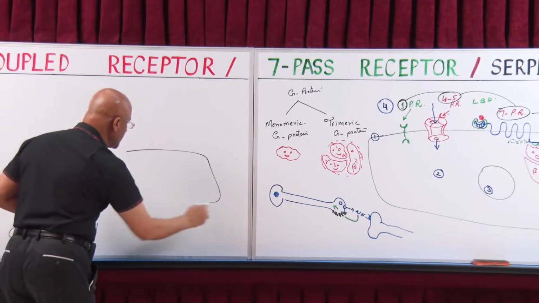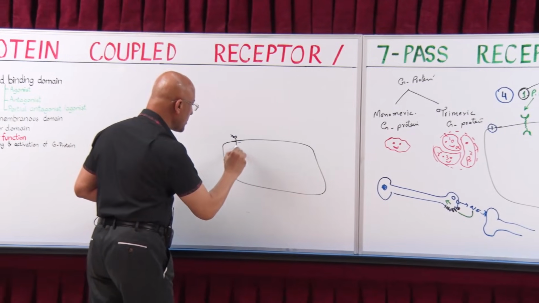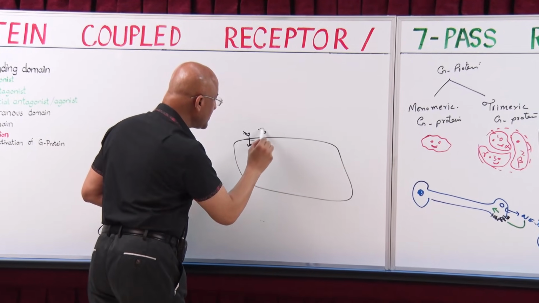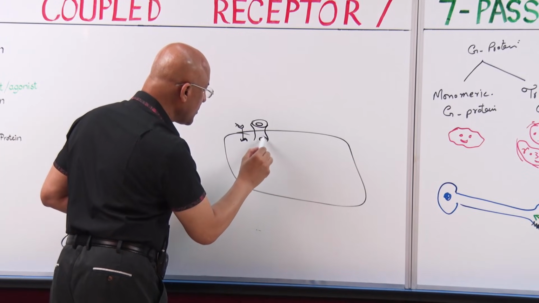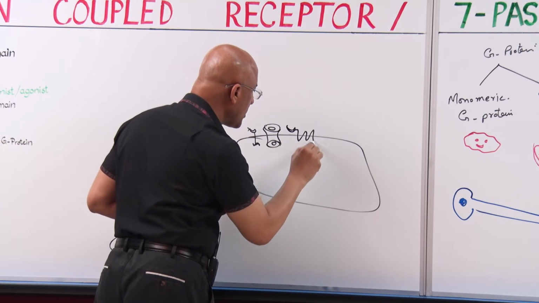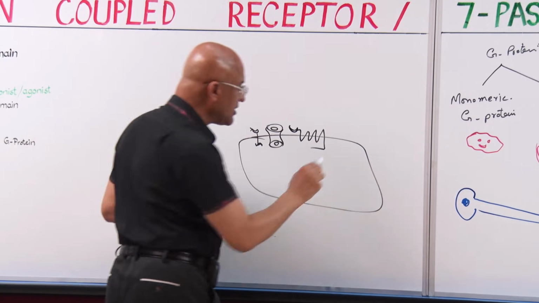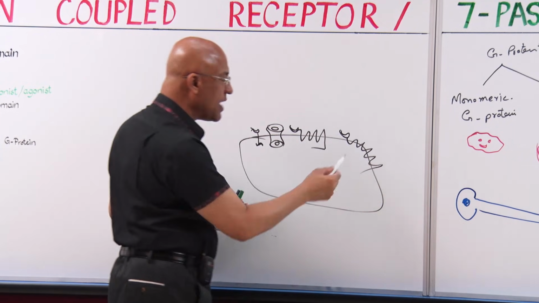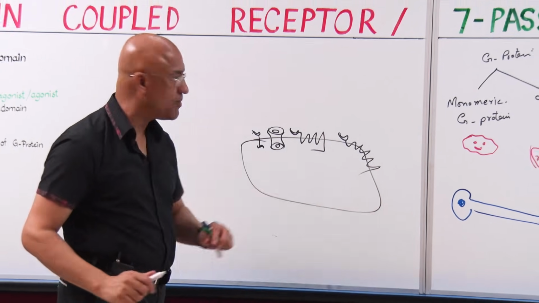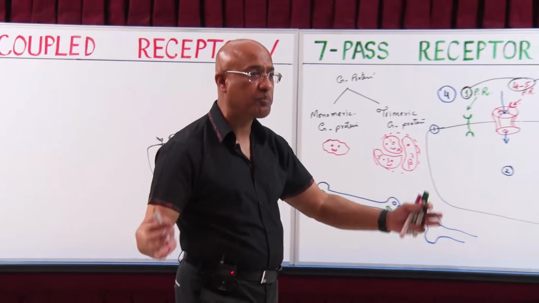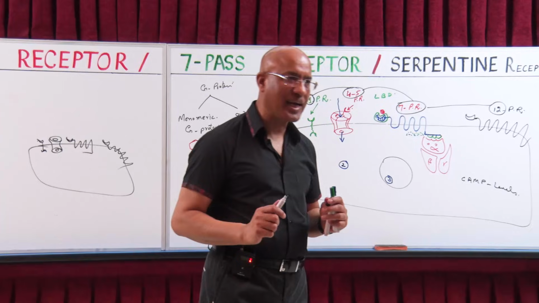Just rapidly tell me, what might this be? 1 pass receptors. 4 to 5 pass receptors. 7 pass receptors. And 12 pass receptor. I have not counted it anyway. So these are classically broad categories of receptors which are present on the membranes on the target cells.